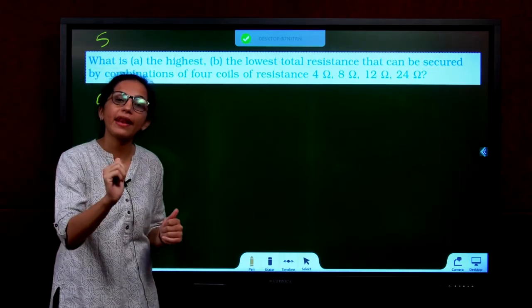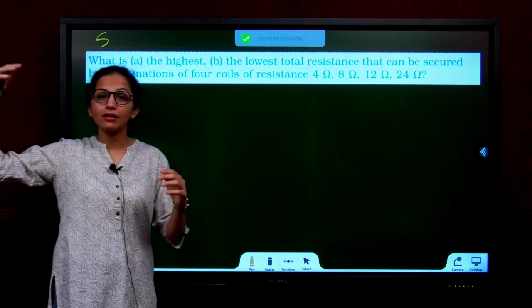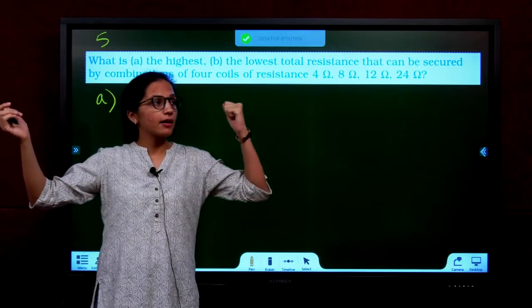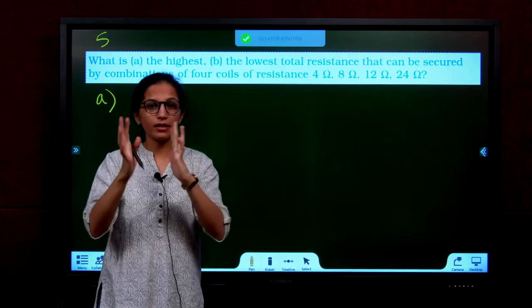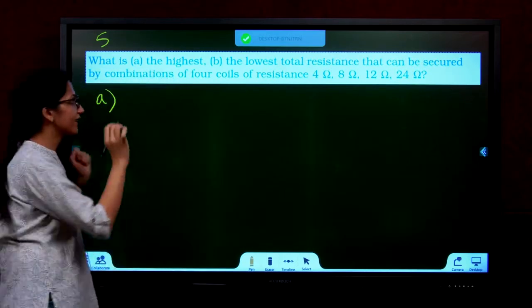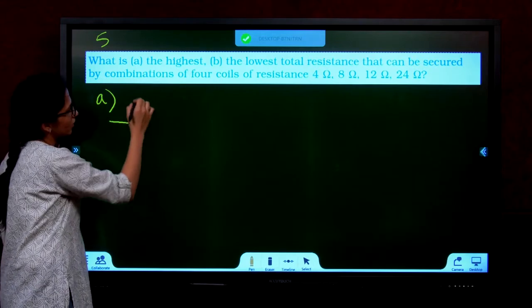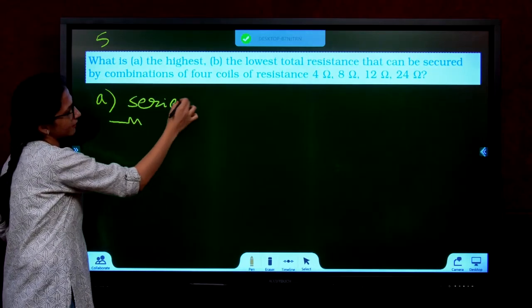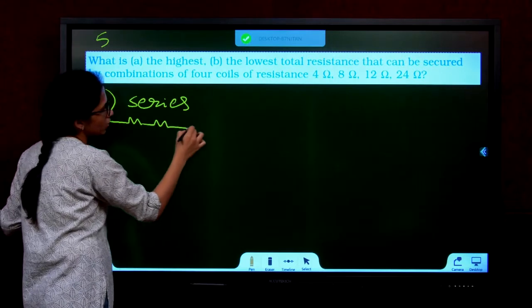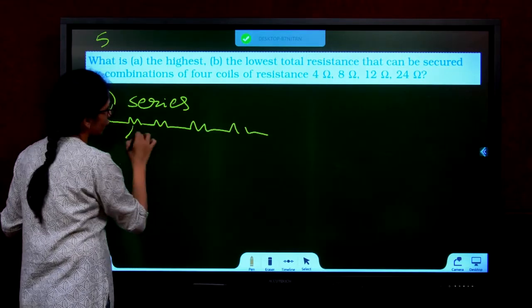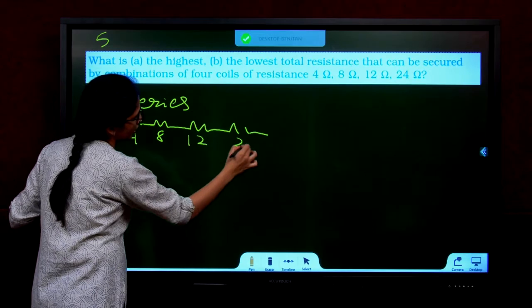Highest is possible when? I told you, parallel means least, series means highest, in between means a mix of the two. So they've asked highest. Highest means what? Series combination. So your answer is series. Connect them in series and put it. So 4, 8, 12, 24.